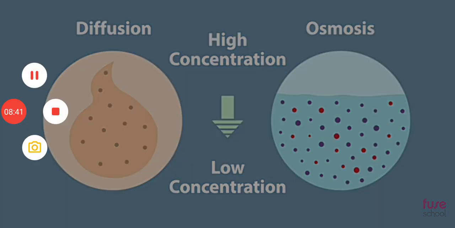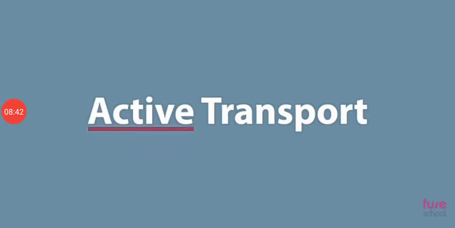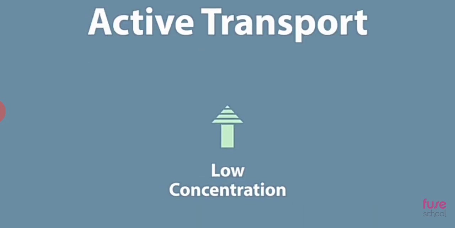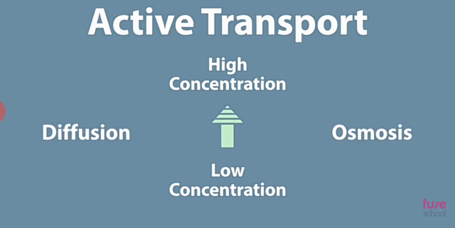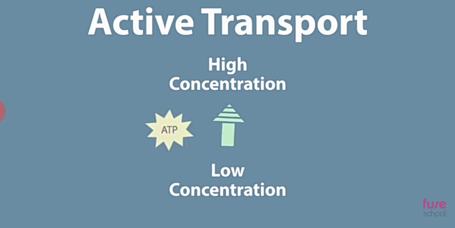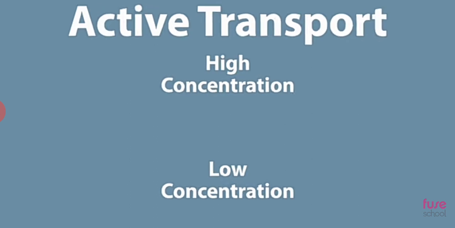In active transport, energy will be required, and the movement will be from lower to higher concentration, but in diffusion and osmosis it will be opposite.